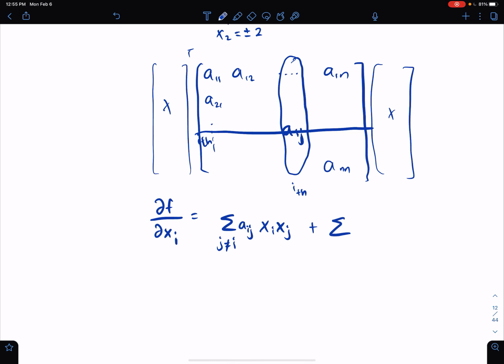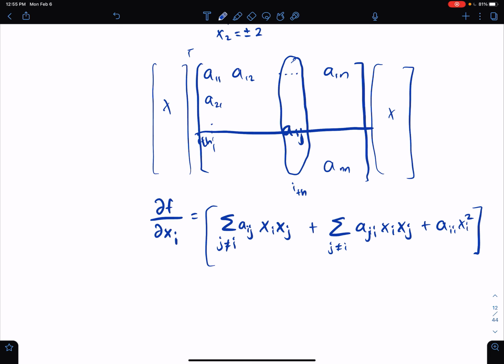We also have j not equal to i, aji. If it's symmetric, these two terms just collapse into one term. And then we also have this aii term itself.